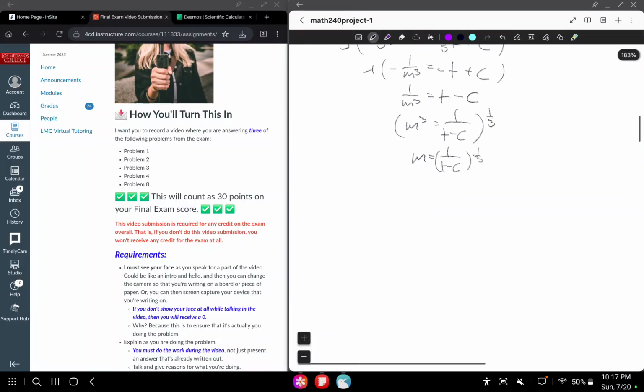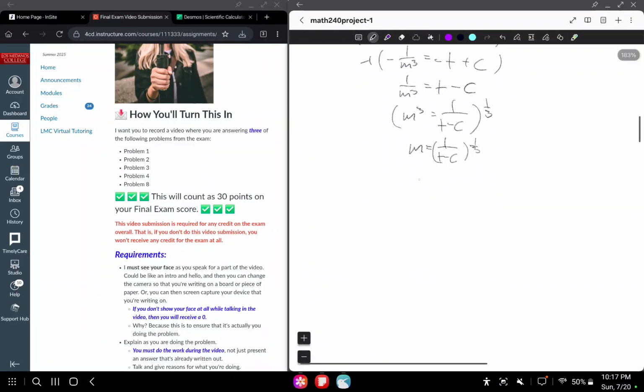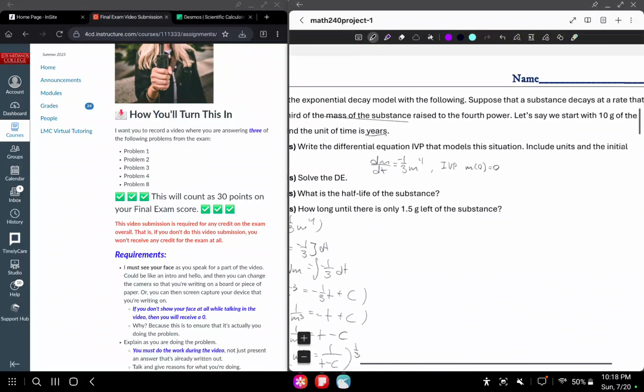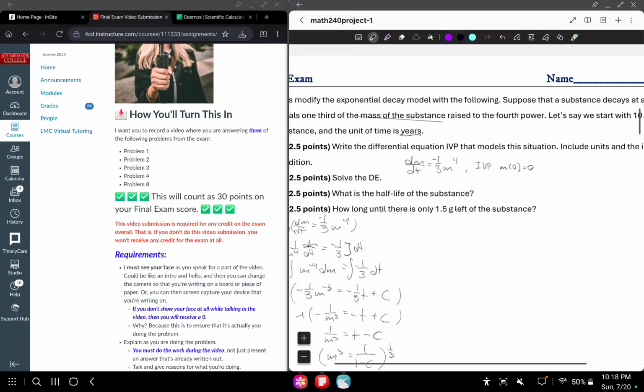Okay, m equals 0. IVP, yeah, so solve for the constant. 0 equals 1 equals 1. No, it's 10 grams.